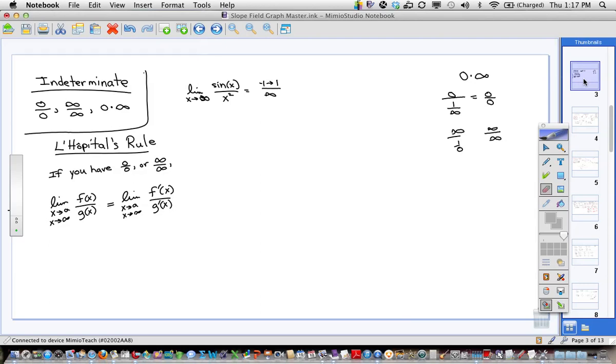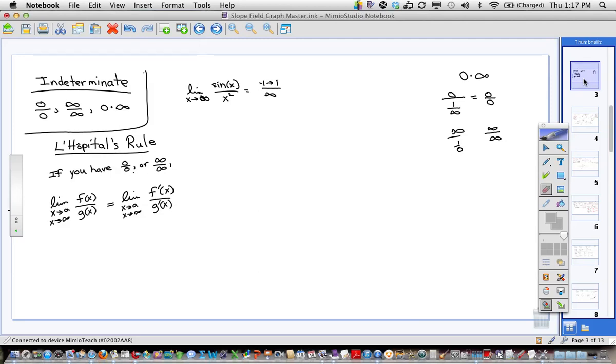No. Cannot. So this is one of the common mistakes, once we learn L'Hôpital's rule, is we try to use it all the time. And you can't. You have to first do the same thing we've always been doing here, is you try your direct substitution. Only if you have 0 over 0 or infinity over infinity does L'Hôpital's rule apply.